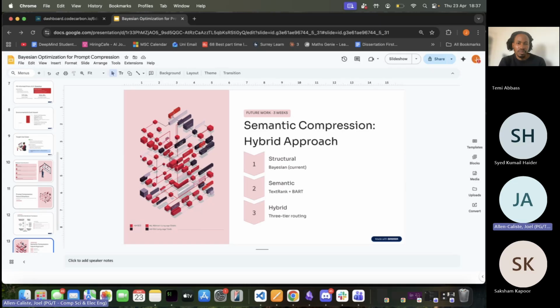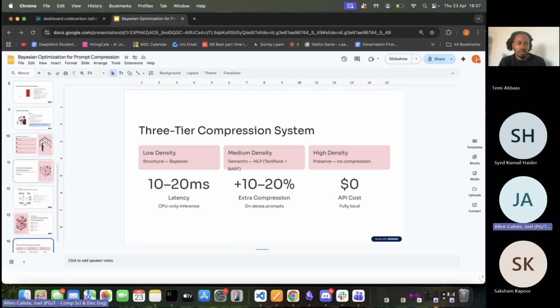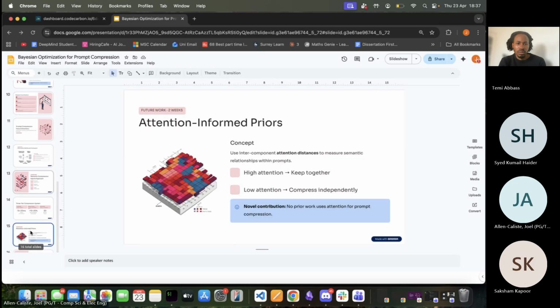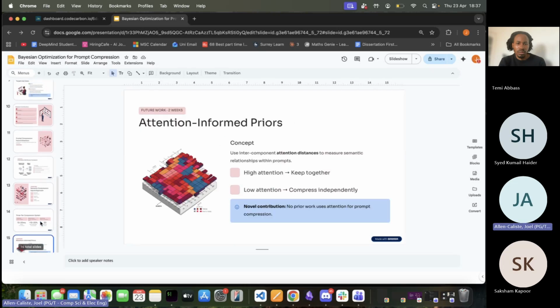Something I've really been thinking about is attention-informed priors. Right now, the priors I've been using are based on data analysis. But what if I use the actual attention weights that get calculated in a transformer to see which components are the most important in terms of the final context?